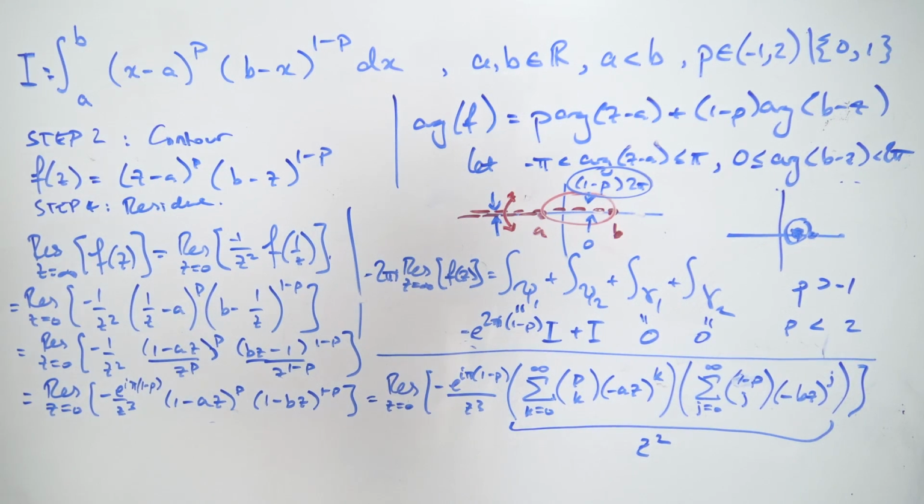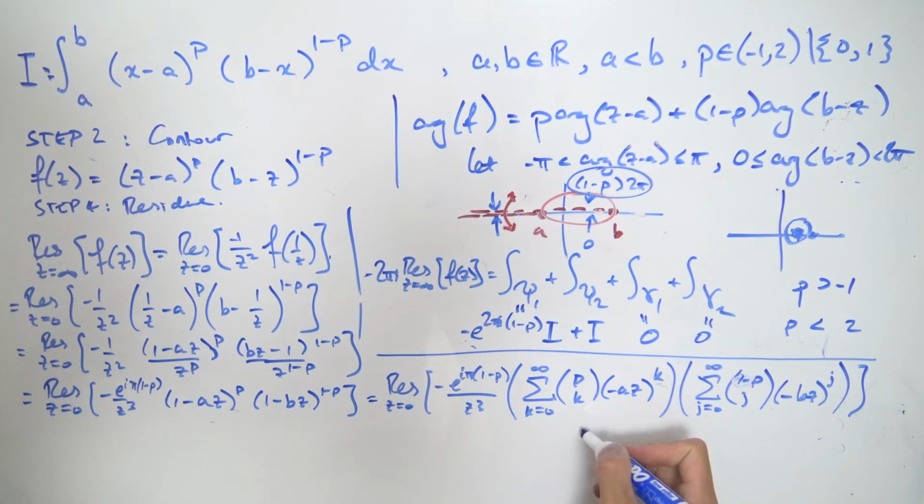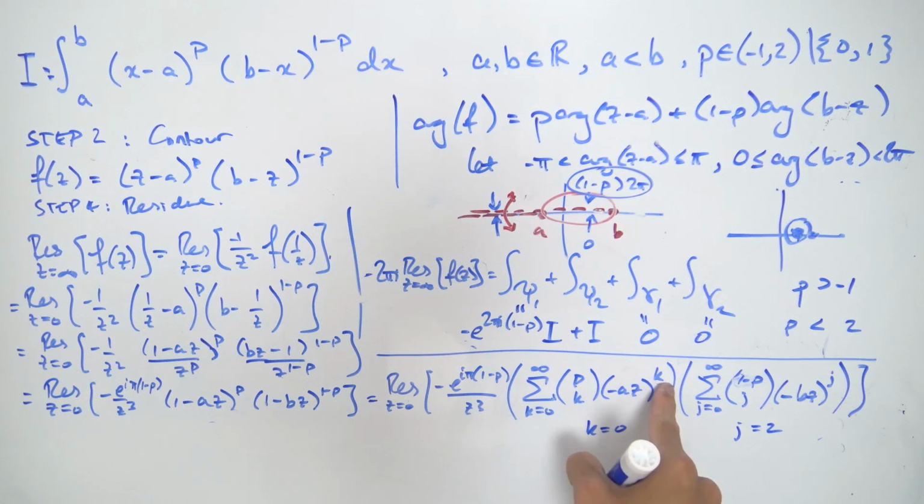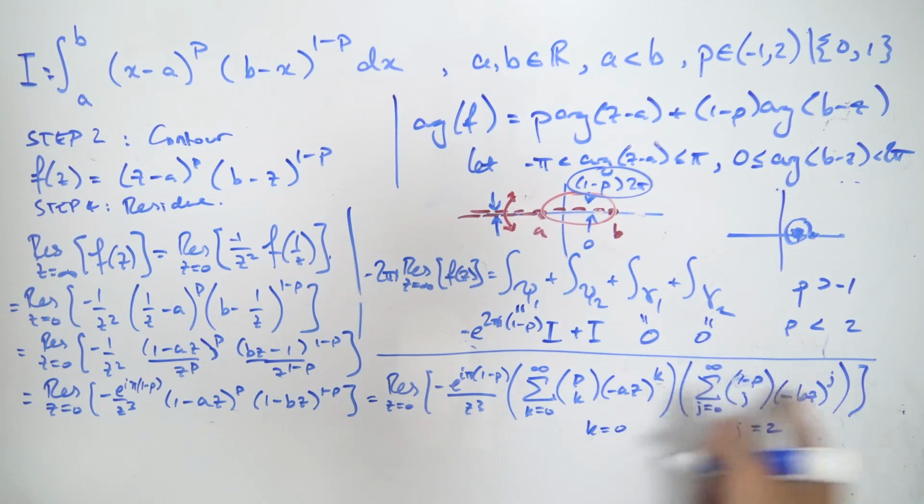So our goal now is to figure out how I can get a z squared from this product of two power series. And we can do that by considering a couple of cases. So first of all, we can have that k is equal to 0 and j is equal to 2. Because notice if we have z to the 0 over here and z to the 2, and if we multiply them together, we're going to get a z squared term.